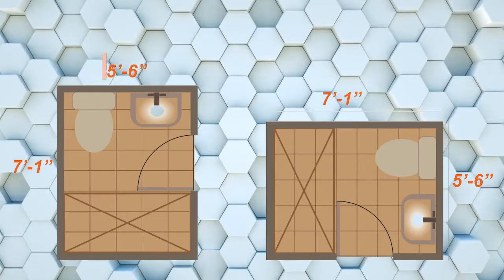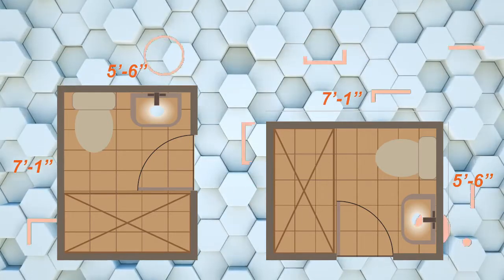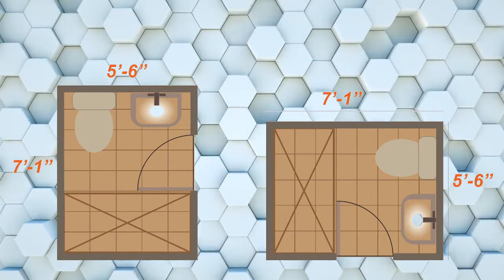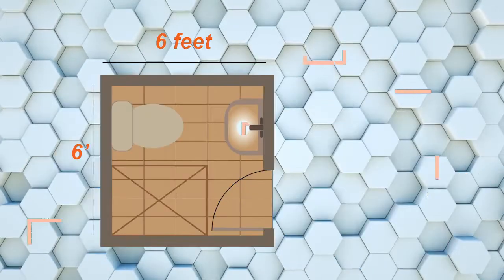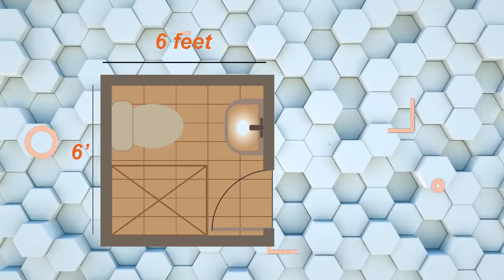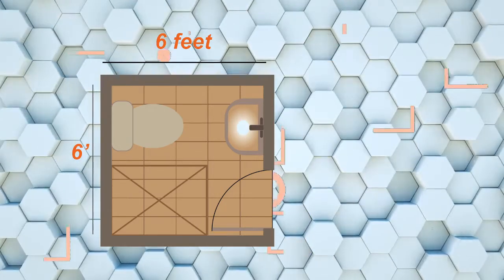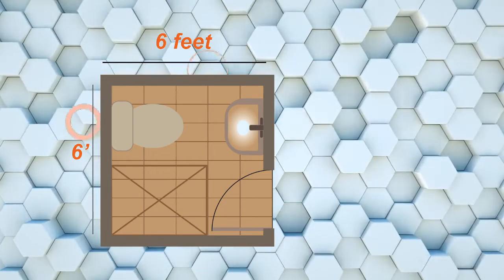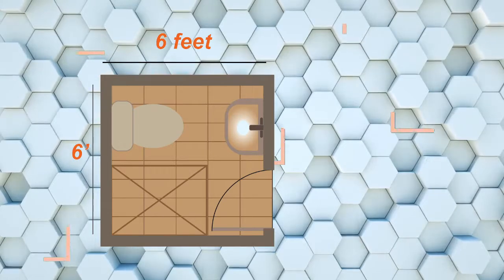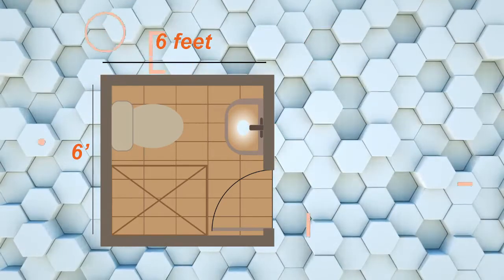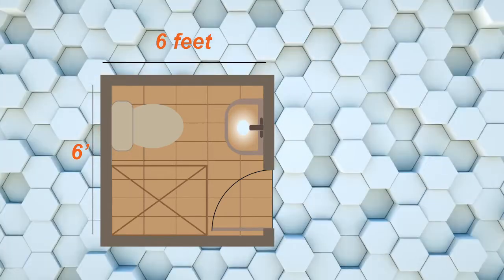So this is a 7 feet 1 inch into 5 feet 6 inch washroom. Then this one is the squarish washroom where you can utilize your space like this, a 6 feet into 6 feet washroom. These are the most common, but many people use different washrooms.